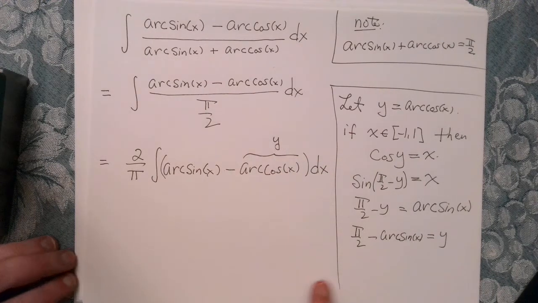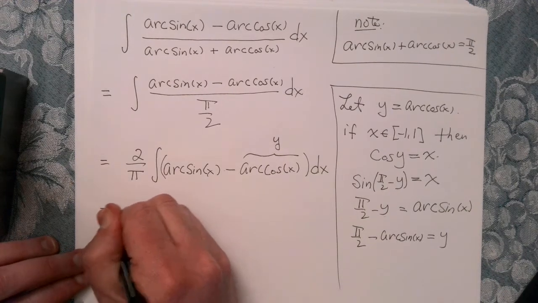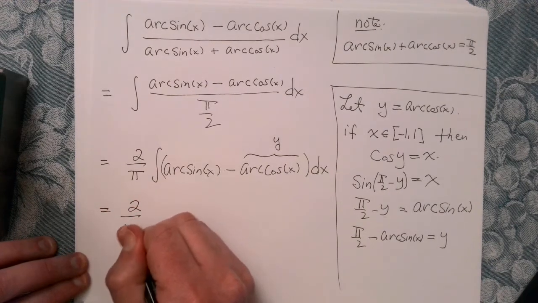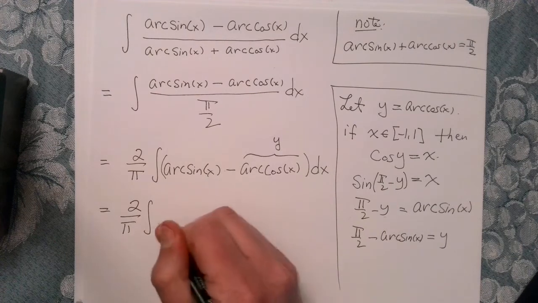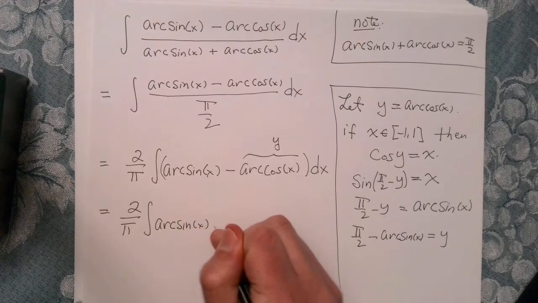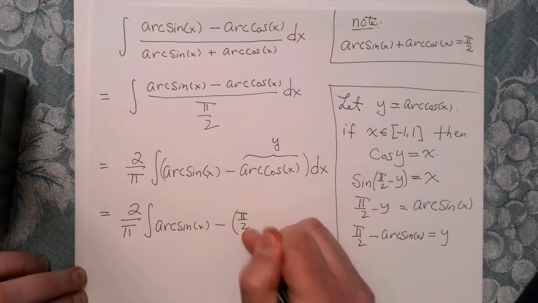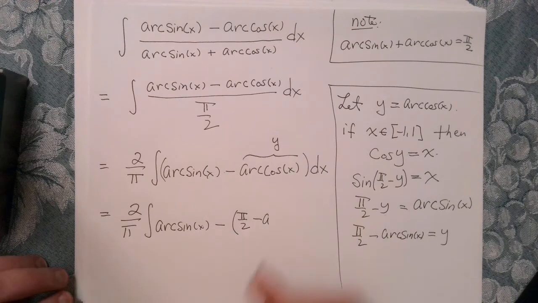So we can now replace that, and this is very nice. We have this in terms of the same trig function. So that's going to give me the following. So I've got 2 over pi times the integral of, looks like arc sine of x minus, now this quantity we said was pi over 2 minus the arc sine of x.